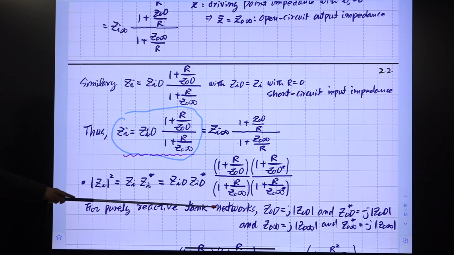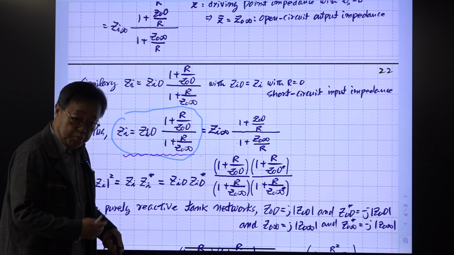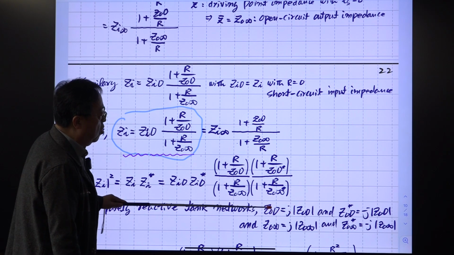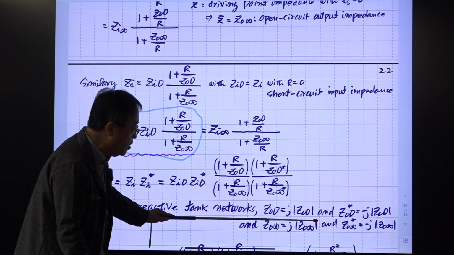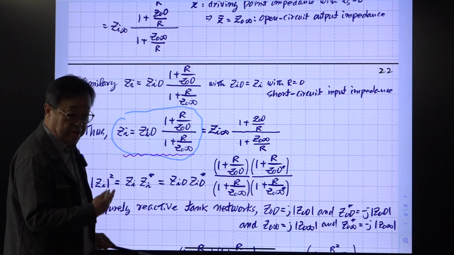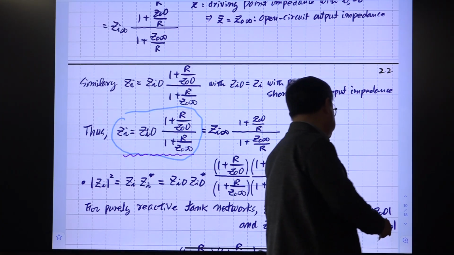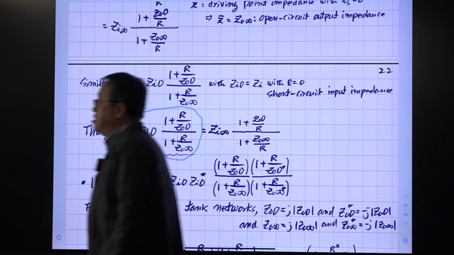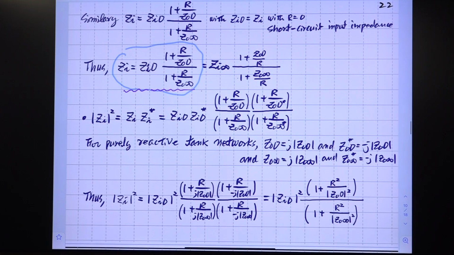Then GI0 or GO0, GO infinity, are purely imaginary. So GO0 has a J and a magnitude, and this is the complex expression, and this is GO infinity with J, like this. The complex conjugate of this is just a negative sign in front of it. So this equation can be simplified like this.